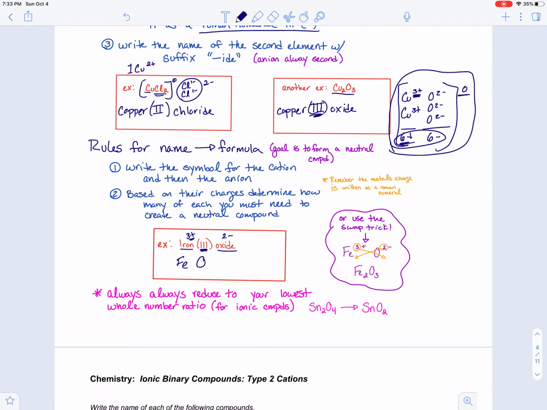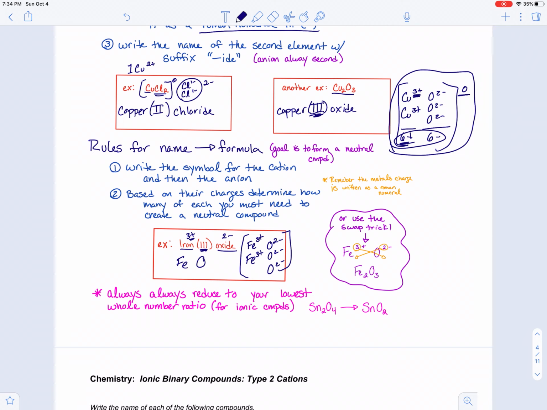Now, if I'm working with my whole net neutral idea, I know that if oxygen has a 2 minus charge, and iron has a 3 plus charge, these two are not canceling each other out. So I'll need another oxygen to cancel the charge on that iron. But again, now this isn't canceled out. So I'll need another iron. And then I'll need another oxygen.